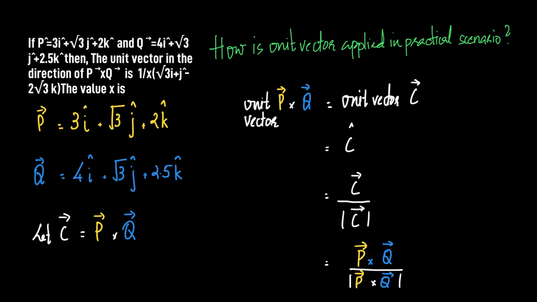So unit vector along P cross Q can be replaced by unit vector along C. Unit vector along C is C cap, which is vector C by magnitude of vector C. What is vector C? Vector P cross vector Q. Therefore, magnitude of vector C is magnitude of vector P cross vector Q.